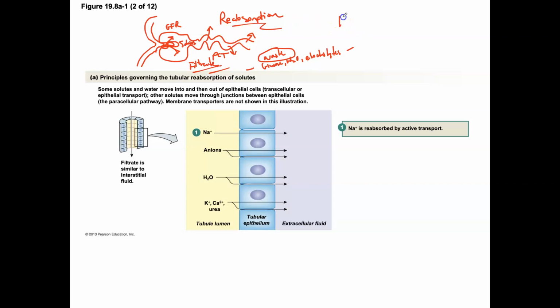And so we have a high filtration rate, so that we can remove waste material from the body quickly. And we can do that quickly because of that high filtration from the glomerulus into Bowman's capsule. And so the faster we move material into the proximal convoluted tubule, the faster it's being eliminated from the blood.